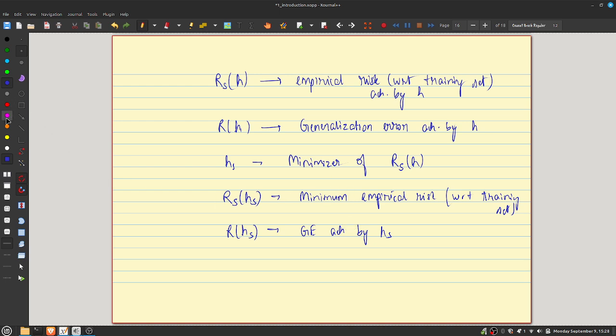The point to be kept in mind is that H_S achieves minimum empirical risk, but is not guaranteed to achieve the minimum generalization error.